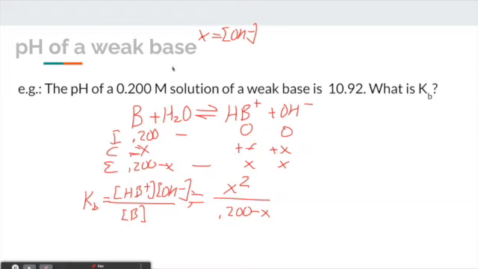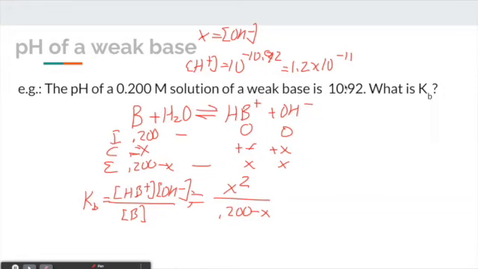So the pH is 10.92, so that means the H plus concentration is 10 to the minus 10.92. So we can find the H plus concentration from that, and that is equal to 1.2 times 10 to the minus 11.